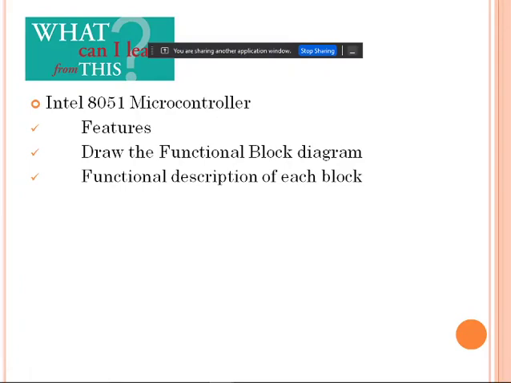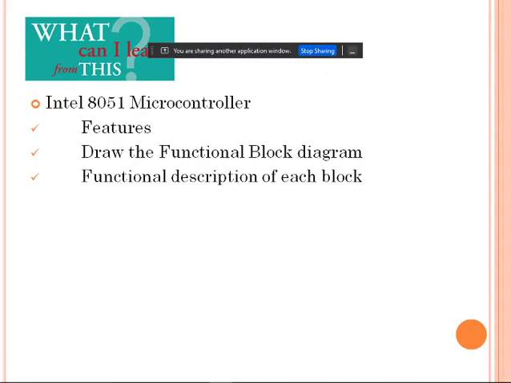So what are we going to learn in this lecture? We start with the Intel 8051 microcontroller IC, and we'll see its features. What is special about the 8051 microcontroller? And we'll draw the functional block diagram. The 8051 is an IC, which means it has some circuits inside it.